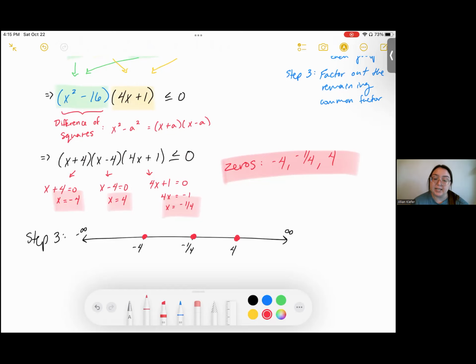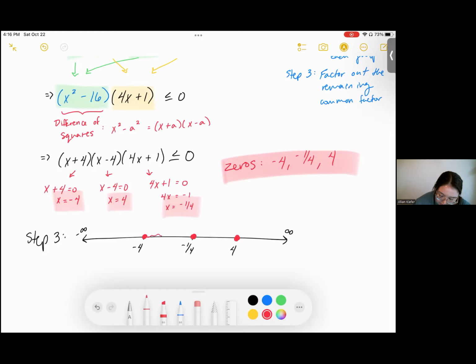So we can use brackets on each one of these numbers. So you want to be able to remember that. If this were a strict inequality, if it said less than 0, nothing else, then in that case you would have to draw open circles because it cannot actually be equal to these numbers. But in our case, we have less than or equal to, which means that they get included, they get filled in points and brackets. So let's go ahead and write that.